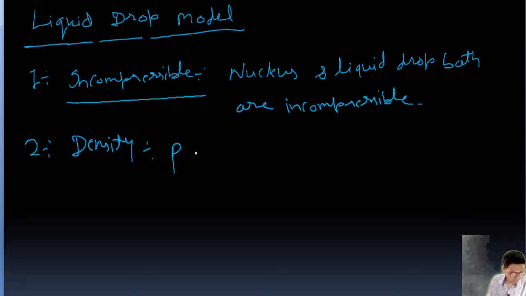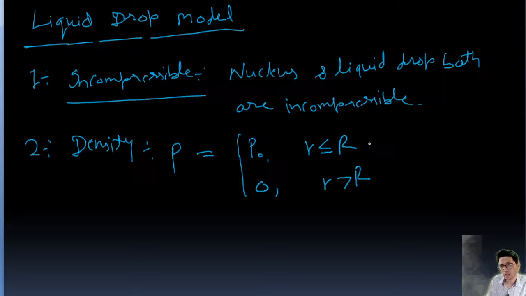Density rho is going to be equal to rho naught, which is constant. Rho equals rho naught when r is less than or equal to R, and this is equal to 0 when r is greater than or equal to R.